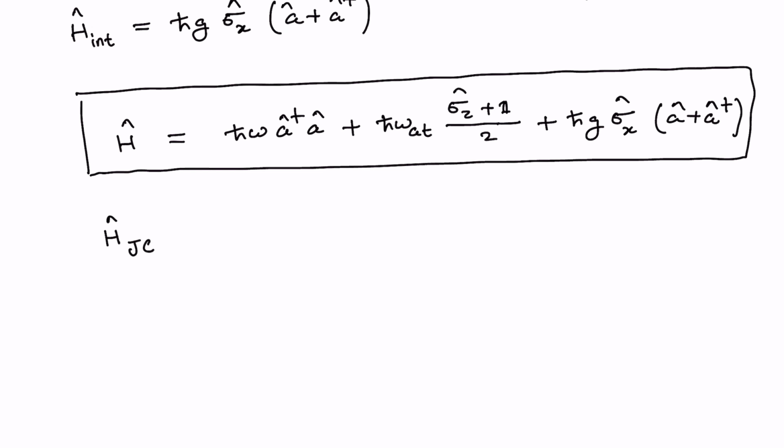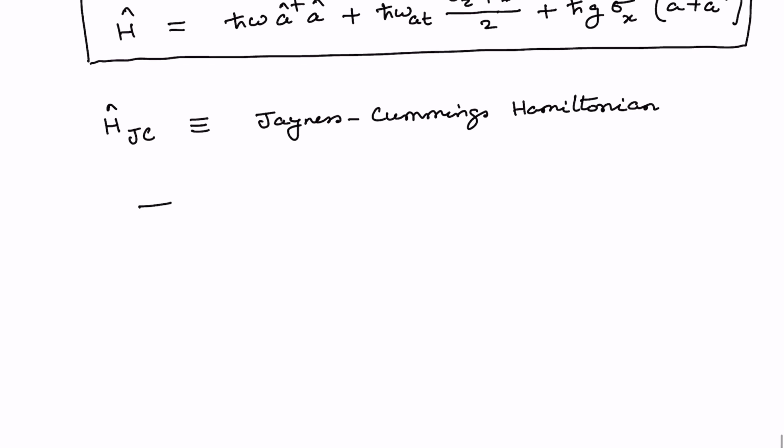This Hamiltonian is also discussed in the context of cavity quantum electrodynamics, where a natural atom or a two-level atom is placed in a Fabry-Perot cavity, and the interaction of this atom with the field mode inside the cavity is studied.